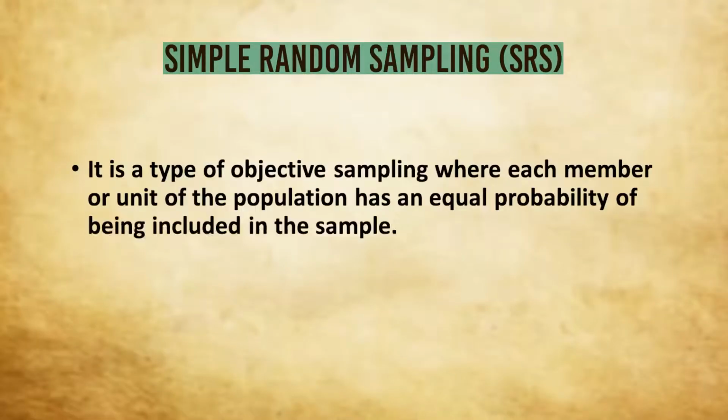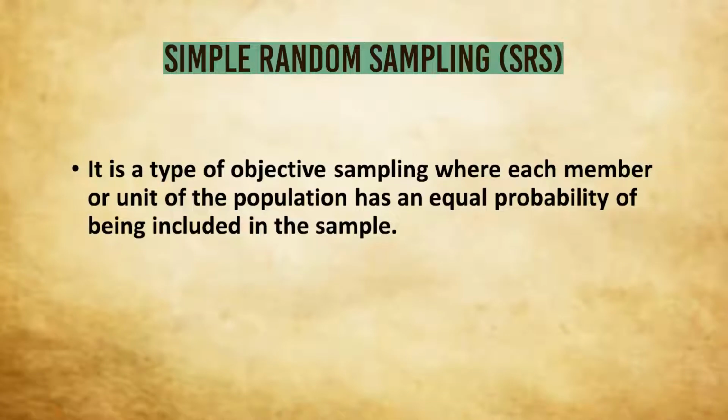But when we want the sampling rule to be given from outside and whoever is the sampler will get the corresponding sample, then we will follow objective sampling. In our course of study, we shall consider objective sampling. And the most important of objective sampling is simple random sampling.